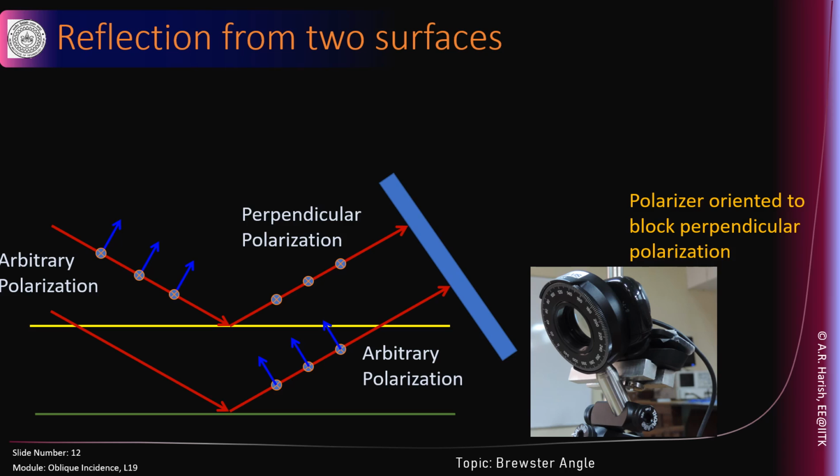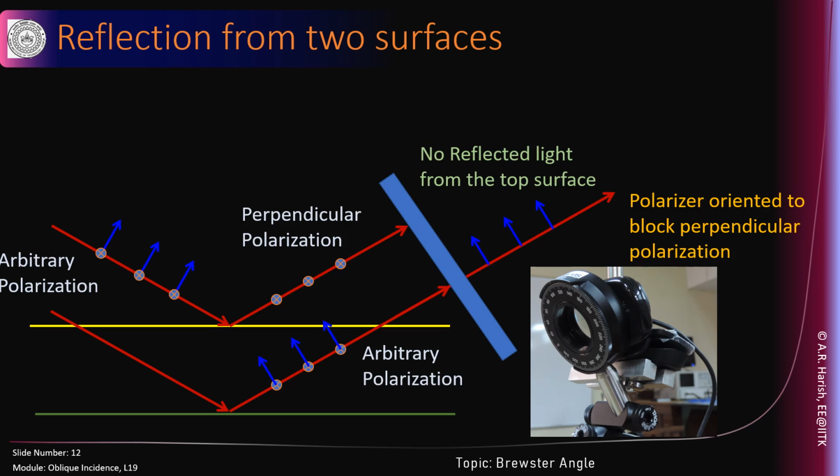The photograph is shown here. You can rotate this polarizer. That means you can decide whether you want the parallel polarization or perpendicular polarization to pass through it. You have a choice, let us say. Suppose this polarizer is oriented such that it blocks the perpendicular polarization. Say I have chosen that particular orientation. If that is the case, then what comes out of the polarizer will be only parallel polarization.